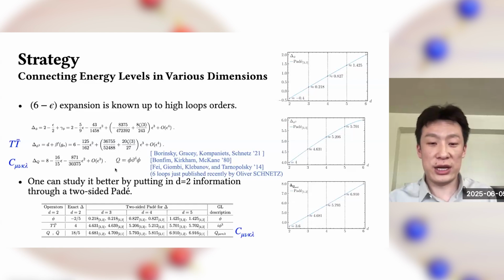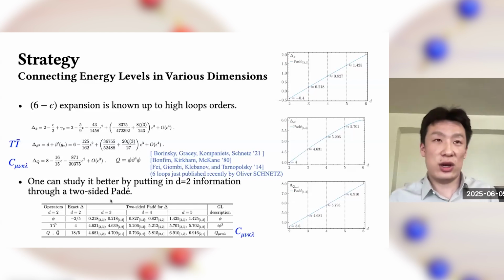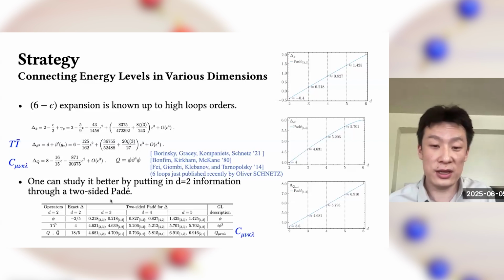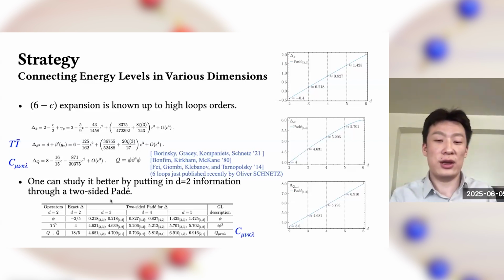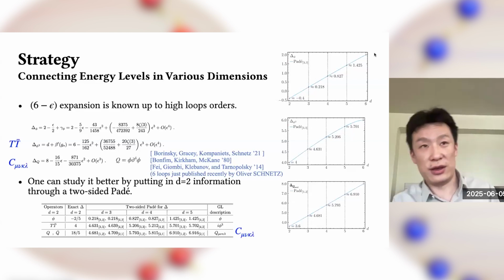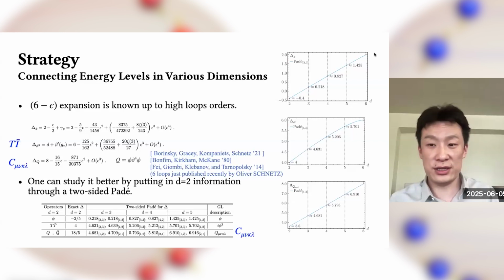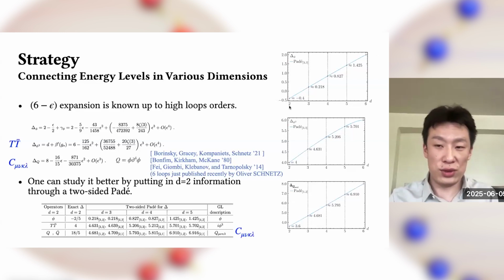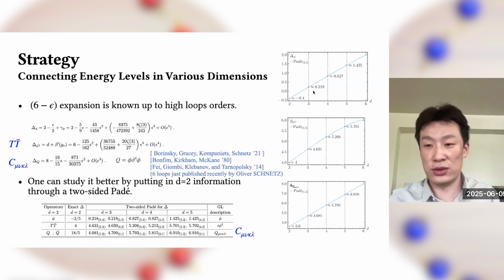And we did a two-sided Padé, which means we try to find a rational function that matches the analytic behavior near 6D, agreeing with the 6 minus epsilon expansion, and on the other side agrees with the exact result in 2D. So the result that we got is a little bit nicer than if you just do the 6 minus epsilon expansion, because you also incorporate the exact solution in 2D.